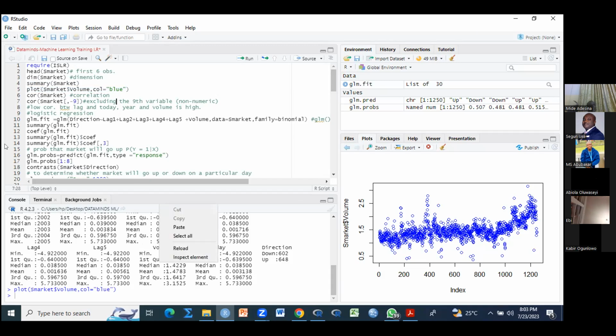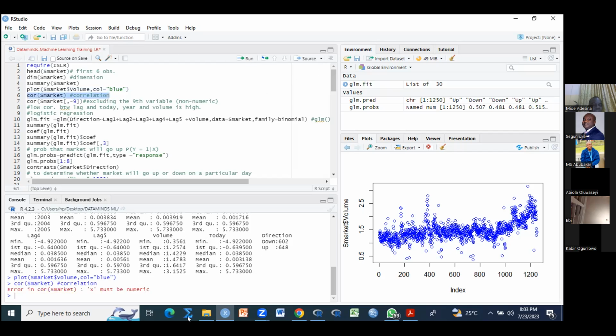Now, the next thing we can do is check our correlation. Let me run this. Now, trying to check correlation. Like I said earlier, there's a non-numeric variable there, which is the 9th variable.